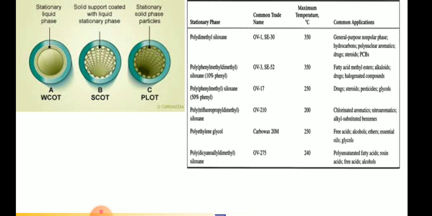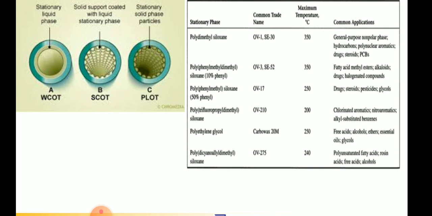I have told you previously also why this stationary phase needs to withstand a high temperature, because most of the samples you are separating here have to be turned into volatile form, so it should withstand this temperature. And the common application depends on the type of stationary phase you are using, or vice versa.